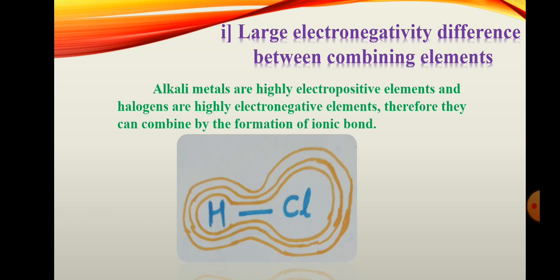H plus is an electropositive element like the alkali metals, and Cl is an electronegative element. In between them a large electronegativity difference is present, and they combine to form an ionic bond.